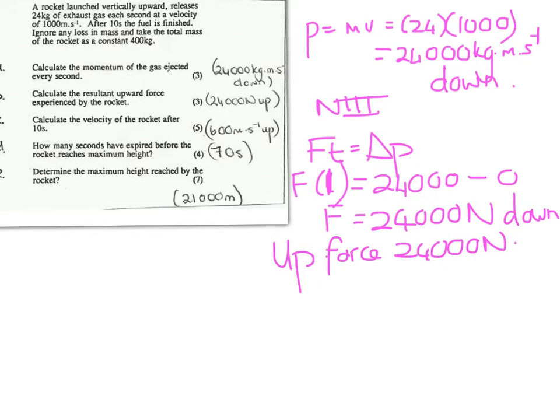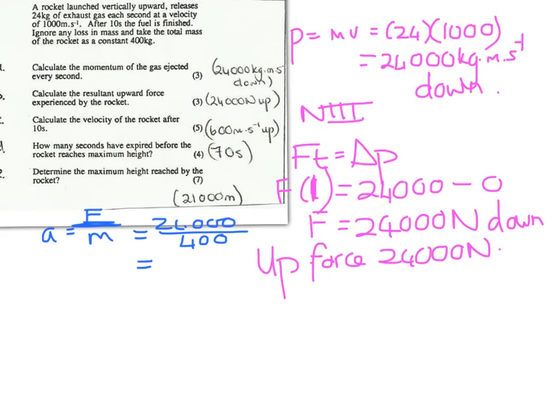Calculate the velocity of the rocket after 10 seconds. So we can work out an acceleration now. Acceleration is equal to force divided by mass, because F is equal to ma. And therefore we can say the force that I've got, 24,000, divided by the mass of the rocket, and I land up with 60 meters per second squared.